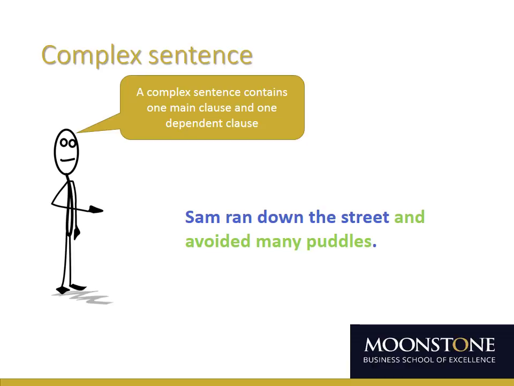Sam ran down the street would be the first puzzle piece, and the second puzzle piece is and avoided many puddles. The dependent clause would not be able to exist as a full sentence without the independent clause. Avoided many puddles is not a full sentence because it is lacking a subject.